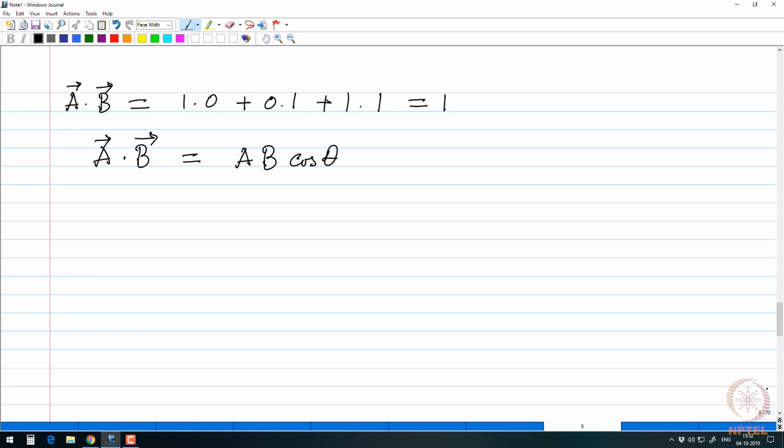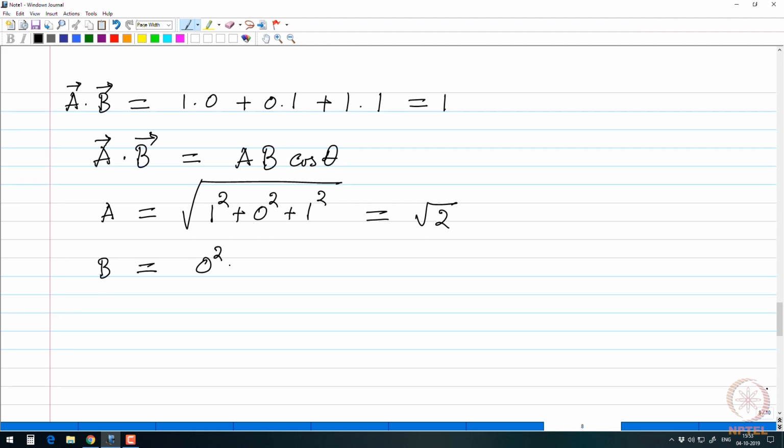So let's find out the magnitude of vector A, that is given as square root of 1 squared plus 0 squared plus 1 squared, that is square root of 2. For B vector, the magnitude is also the same, square root of 0 squared plus 1 squared plus 1 squared, which equals square root of 2.